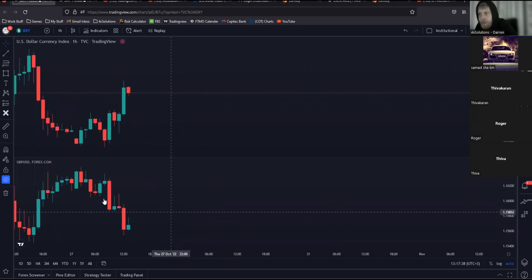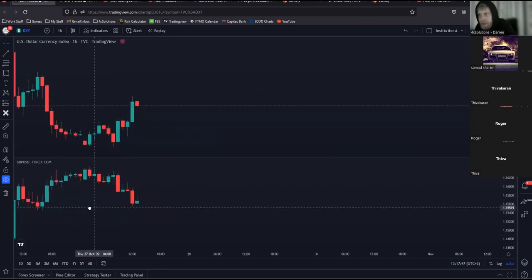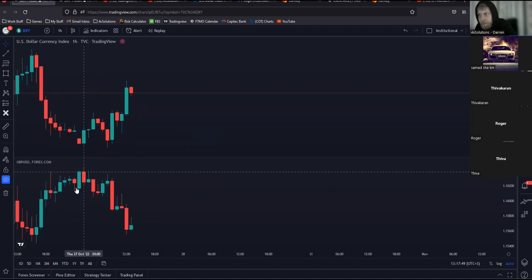What do we see here? Come on, guys, what do we see? Failure swing. Okay, we've actually got two. We took this high from this swing low by moving higher here, and then the market broke, right?